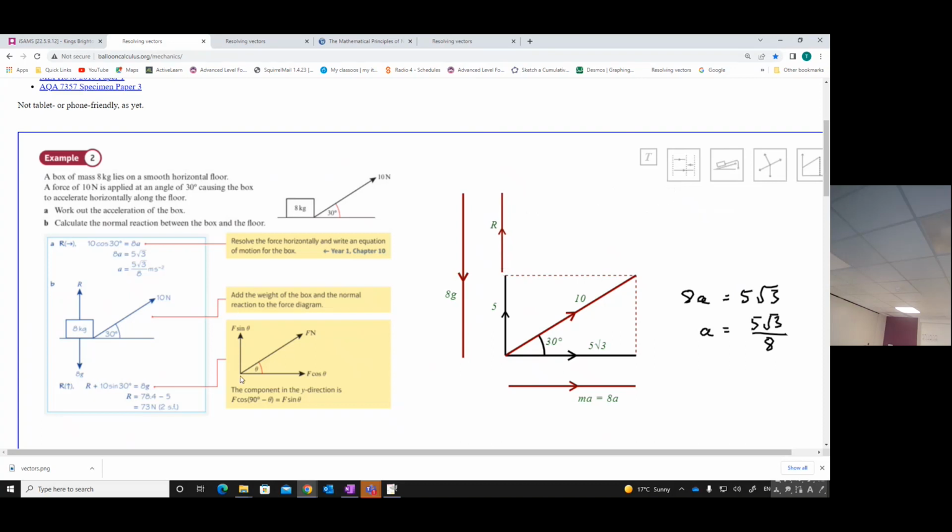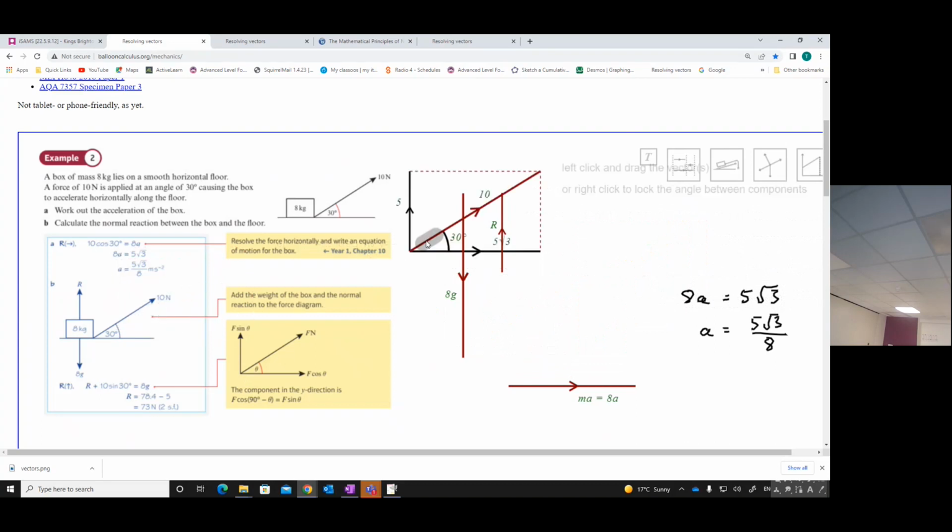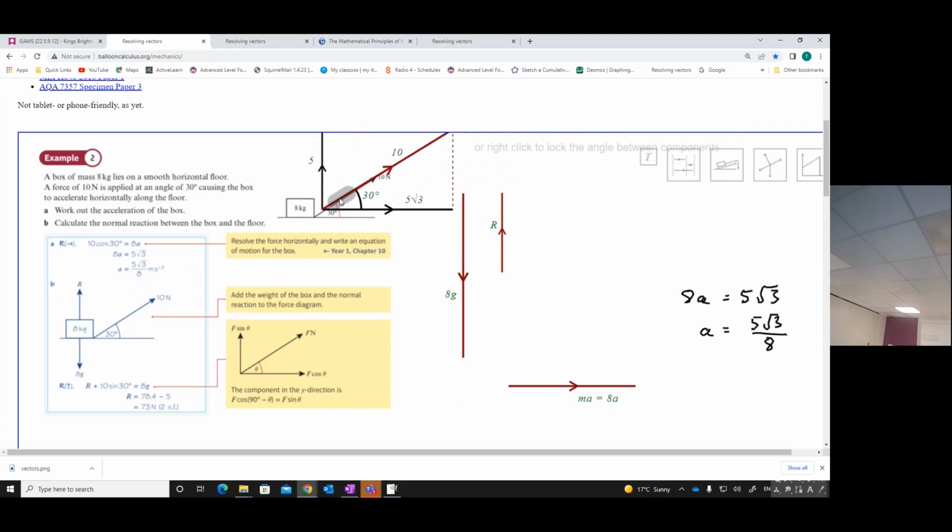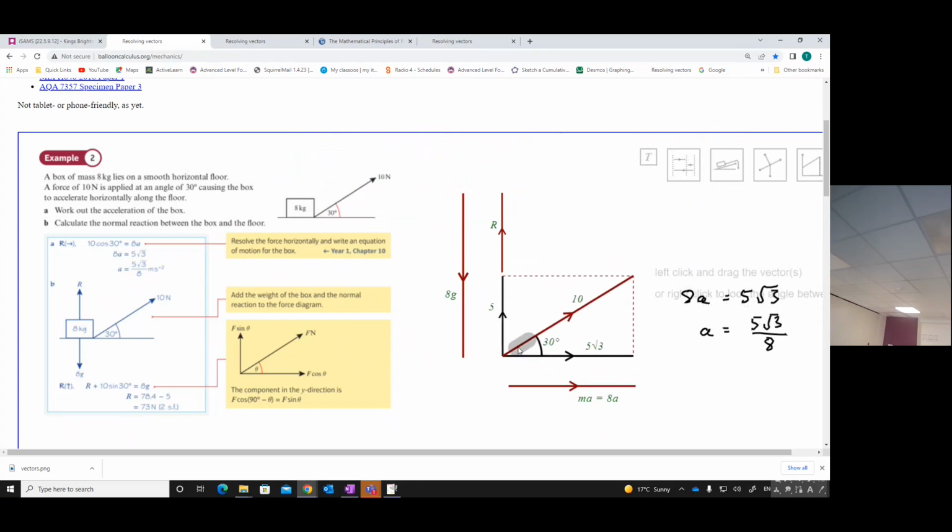We've also got the vertical part of this pulling force of 10 newtons, because it's probably a pulling string, pulling in that direction, isn't it? I'm moving it now, so look at what I'm doing, yeah? I'm talking about the action of the pulling string. But then how much of that is pulling upwards? Well, we do the trigonometry, and we just look at the equilateral triangle, and we see that it's obviously half of 10.